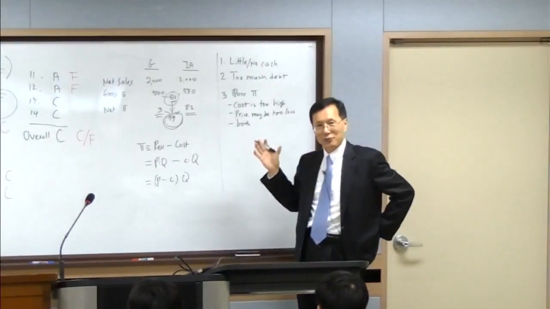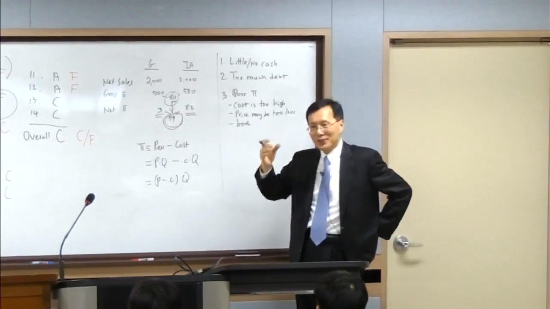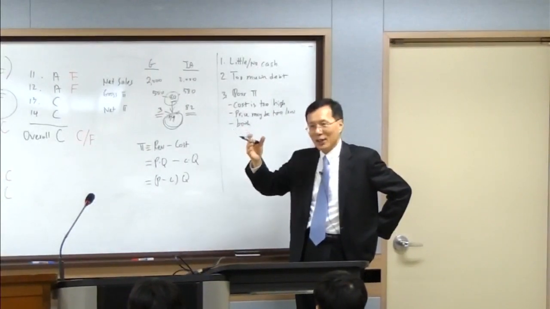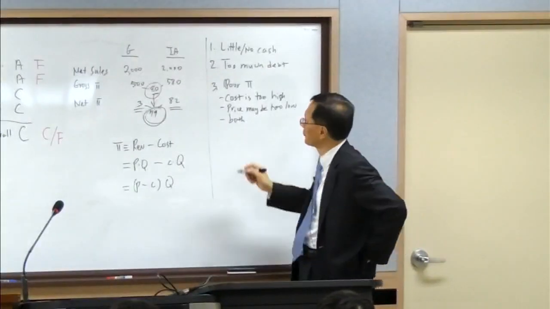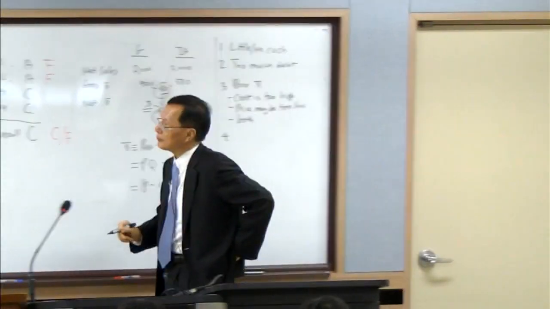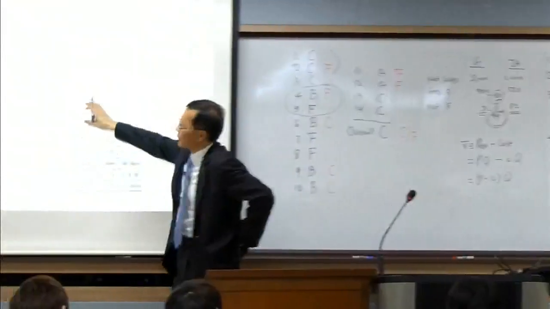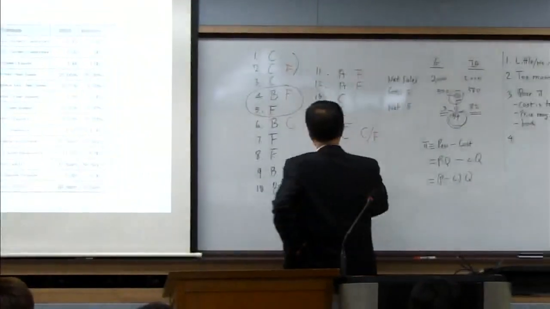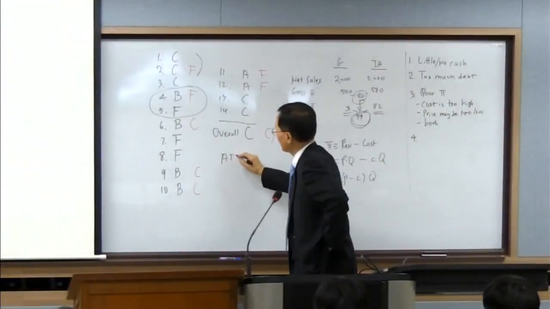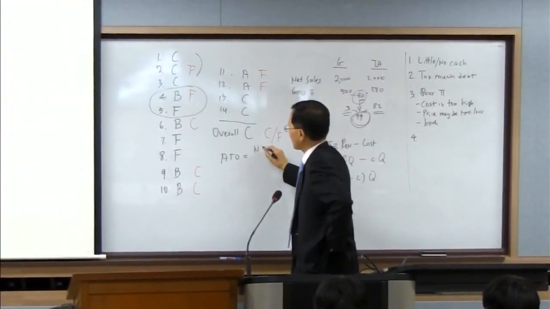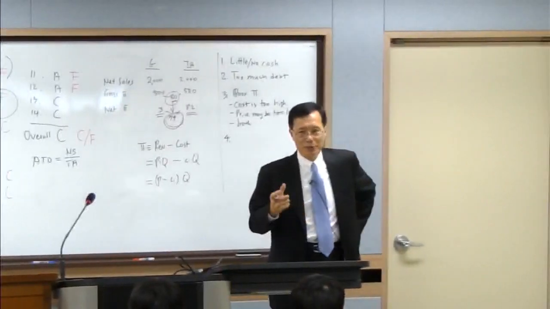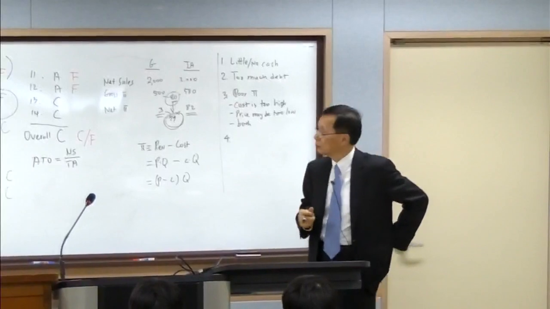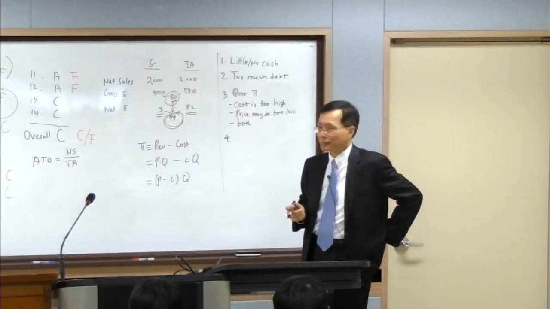This is what financial analysis is all about. You just keep thinking about related aspects of the firm's operations. Number 4, total asset turnover. Asset turnover is net sales divided by total assets. And total asset turnover seems too low. What does it mean?